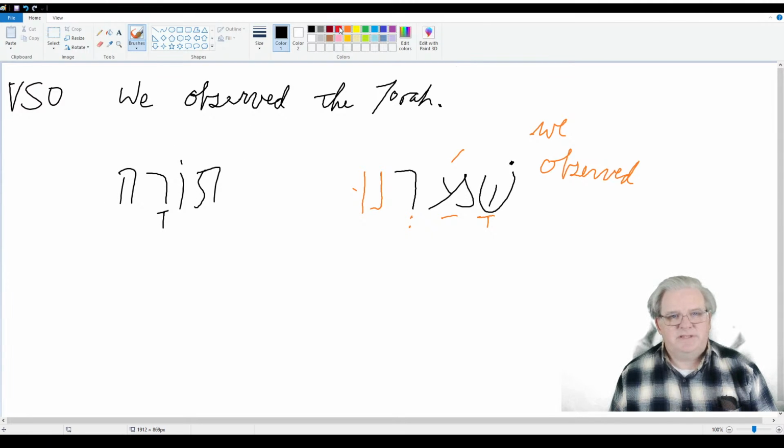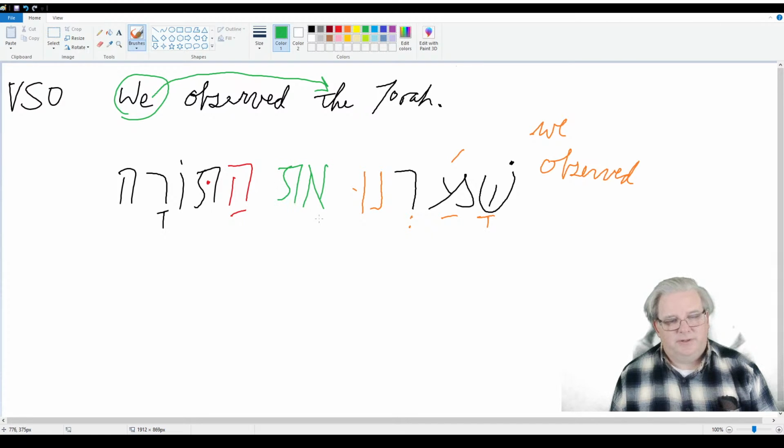And it wants to be definite. The Torah. Ha plus doubling. And again, we have this compelling reason. It's a definite direct object. We have a verb which allows the subject to act upon the object, which makes it transitive. This is a definite direct object. And so we're going to add the et so that we all know who the object of the verb is.